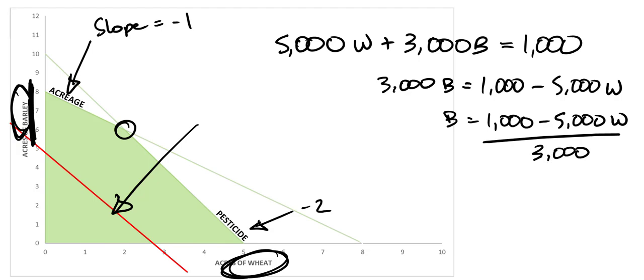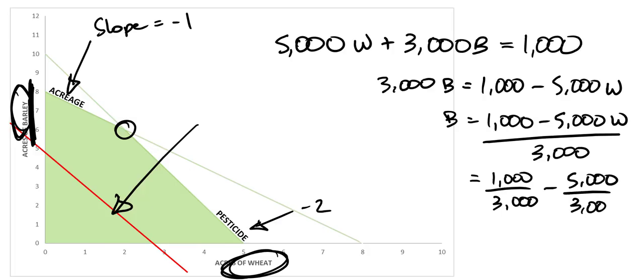Mathematically, how I've listed this now would be the exact same as if I separate those two terms and said that this was 1,000 over 3,000, or 1/3, minus 5,000 over 3,000 w. The coefficient with our x variable term, our x-axis variable, which in this case is w, the coefficient of that is the slope of our line.